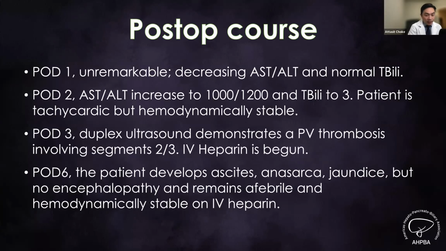On post-op day 3, we checked ultrasound and found that the patient had portal vein thrombosis involving segment 2 and 3. IV heparin was started. Post-op day 6, the patient developed ascites, jaundice, but no encephalopathy, and remains afebrile and hemodynamically stable and on IV heparin.